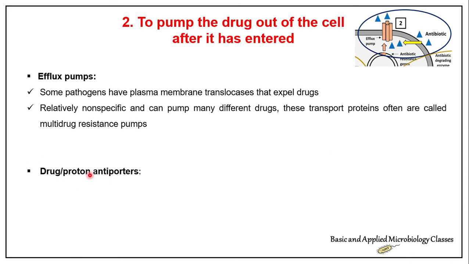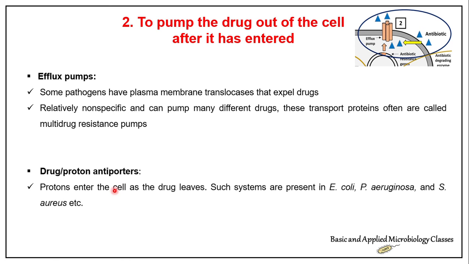What actually it is, as its name is indicating here, what will happen if the drug has gained its entry inside the cell, it will be pumped outside if protons come inside the cell. These are known as antiporters, means one is coming inside, then the other is finding its way outside. So protons enter the cell as the drug leaves.